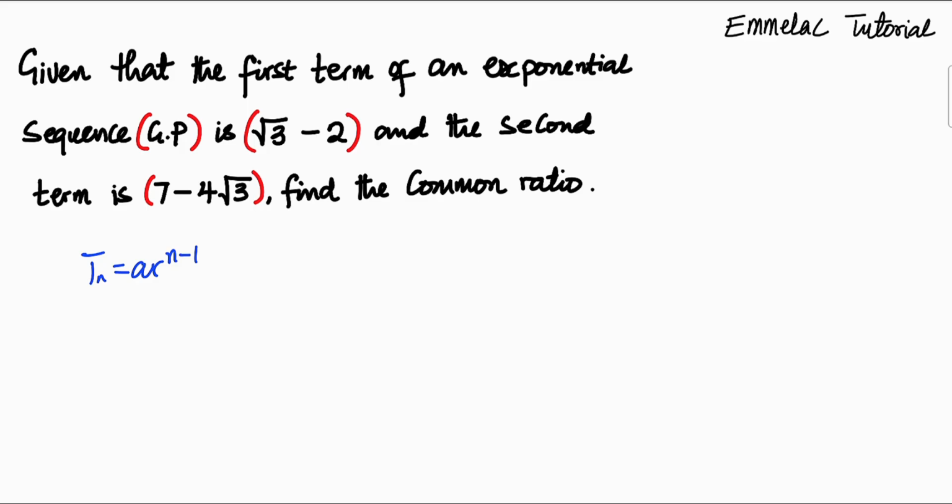Now we are given that the first term here is this, so we have that a equals root 3 minus 2, and we are also told that the second term is given as this, which implies that T_2, which is a r to the power 2 minus 1, which is a r to the power 1, equals 7 minus 4 root 3.